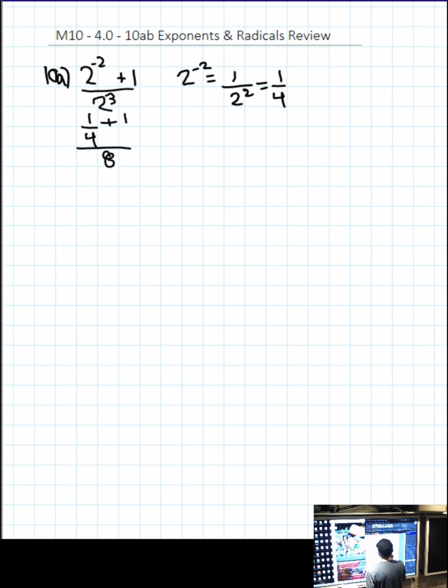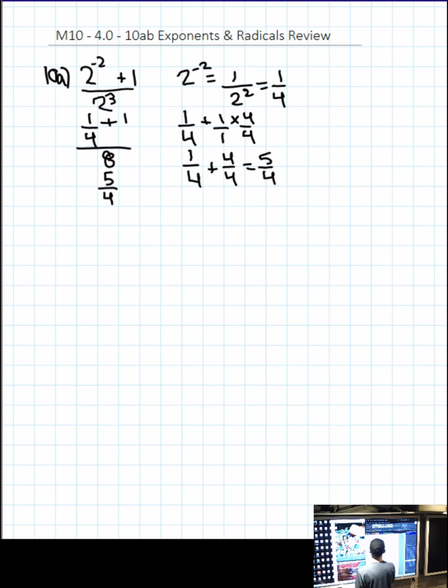Okay, so first of all, I could add the fractions. Let's start there. 1 over 4 plus 1. The 1 is over 1. If I times the top and bottom by 4, that becomes 1 over 4 plus 4 over 4, which is just simply 5 over 4. So on the top, we can say 5 over 4. Now the bottom, the 8 is over 1.